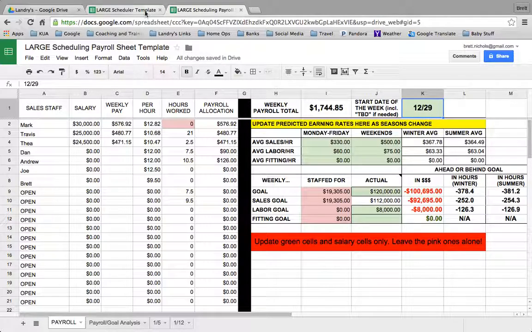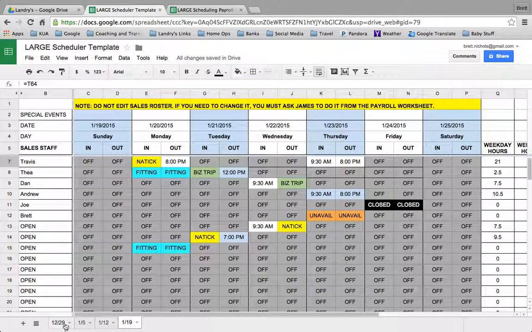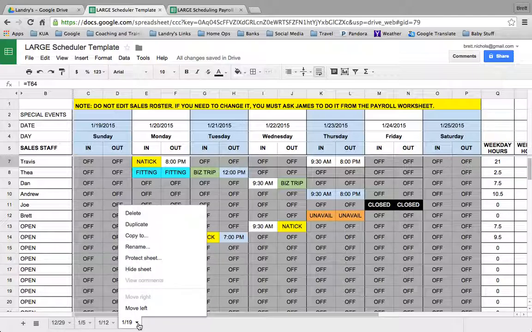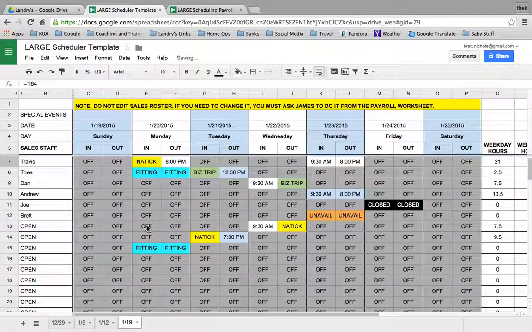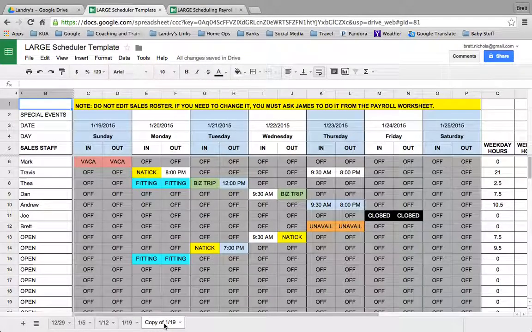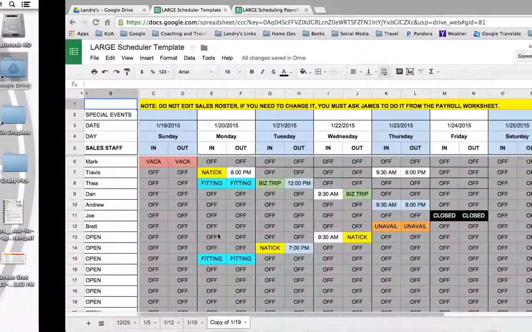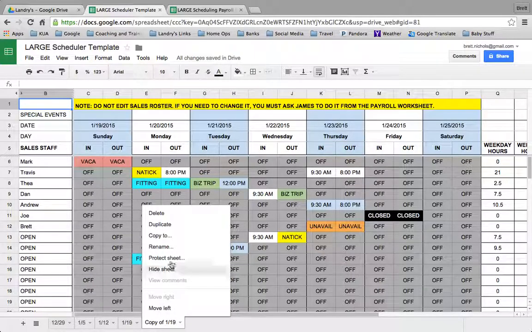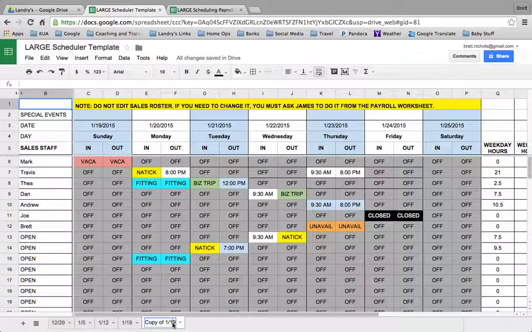So if you look over here in the schedule, I have named all of my tabs the first day of that week. And you have to be pretty careful about this. When you duplicate a tab, I have seen that some people will try and rename it by going right here. Notice where my cursor is exactly.